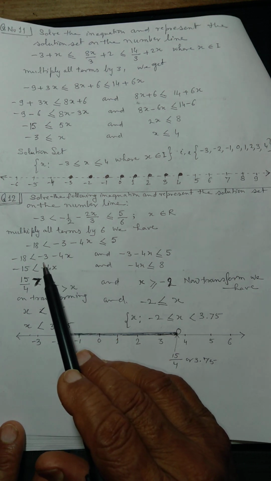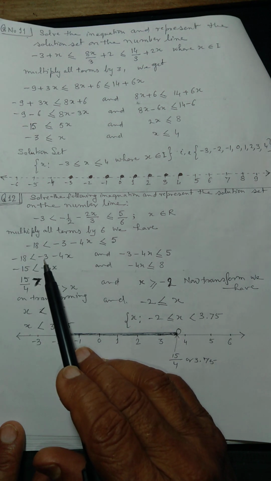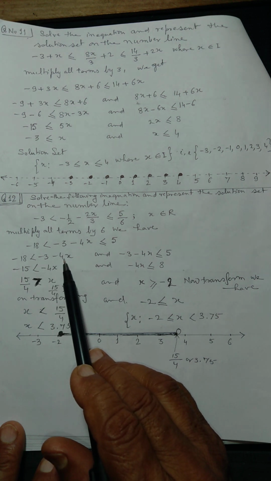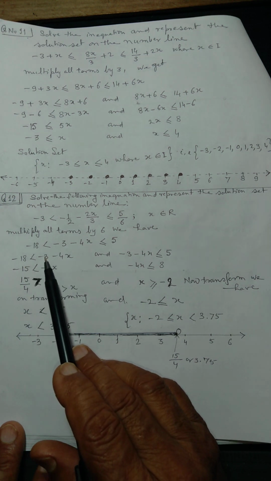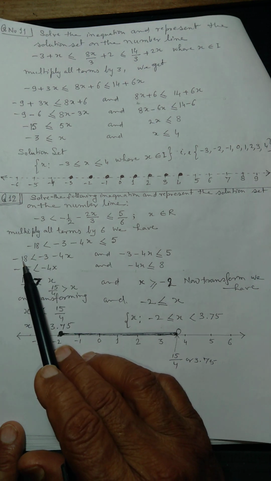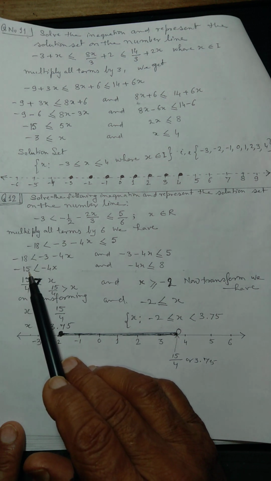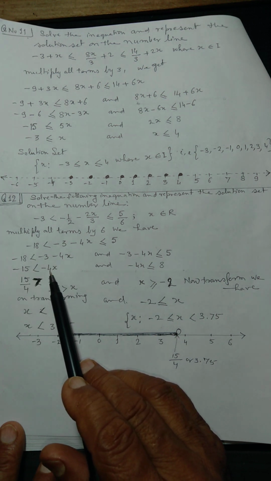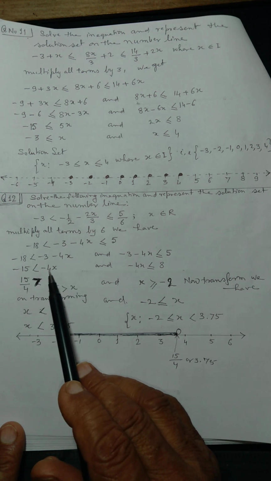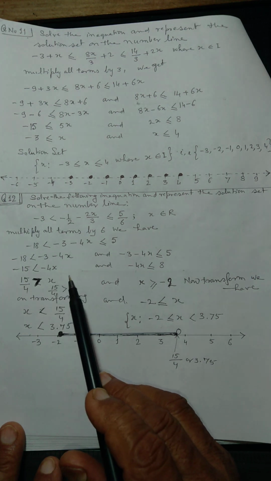In the first part, that is minus 18 less than minus 3 minus 4x. And this minus 3 will be transposed to the left hand side and it will become plus, hence minus 15 will come. Here minus 4x as it is.